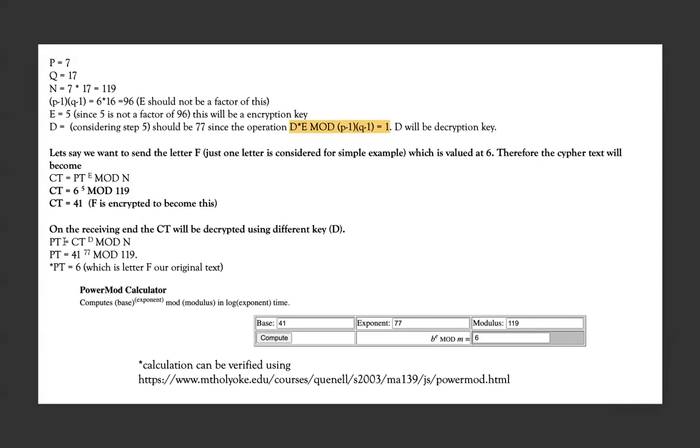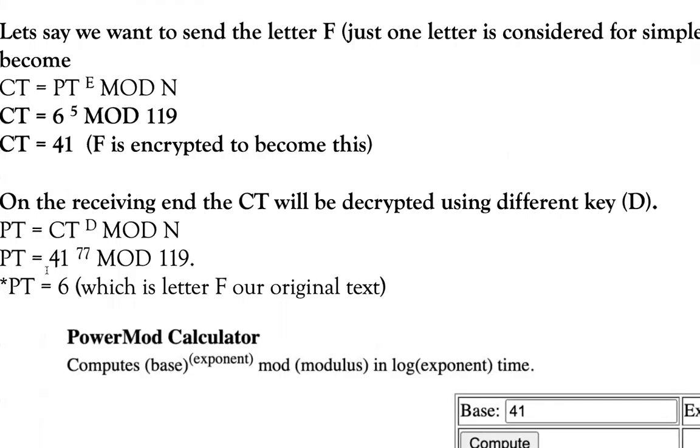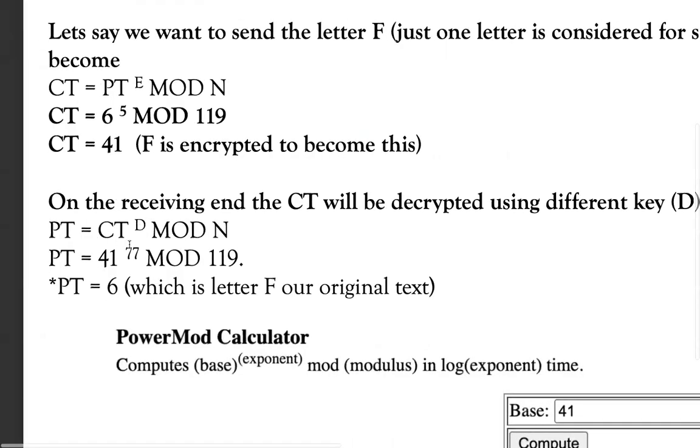Okay, now we have D as my decryption key, which is valued at 77 because it satisfies this condition. My ciphertext is 41. Now I want to proceed towards calculating my plain text, right? So 41 exponent 77, because D is 77, ciphertext is 41, and mod it using N, 119.